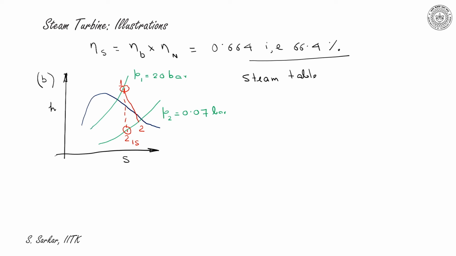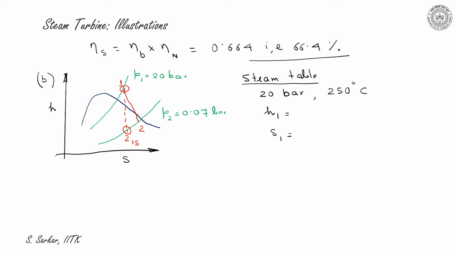As per the steam table, for 20 bar and 250 degrees Celsius, the steam is superheated, so I can read H1, I can read S1, enthalpy and entropy.